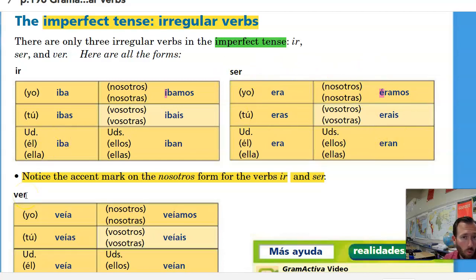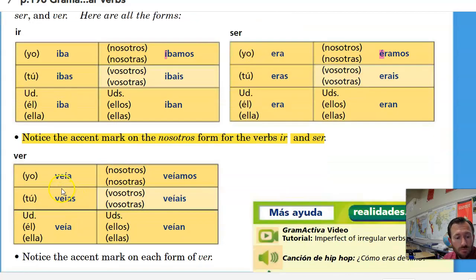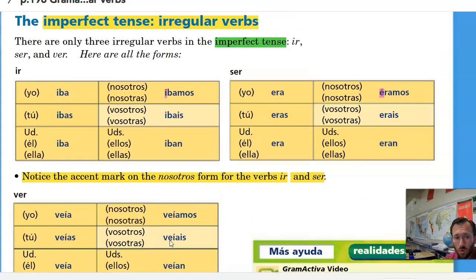Ver is the verb to watch, or the verb to see. Veía, veías, veía, veíamos, veían. Only 3 verbs that are irregular in the imperfect. Ir, the verb to go.